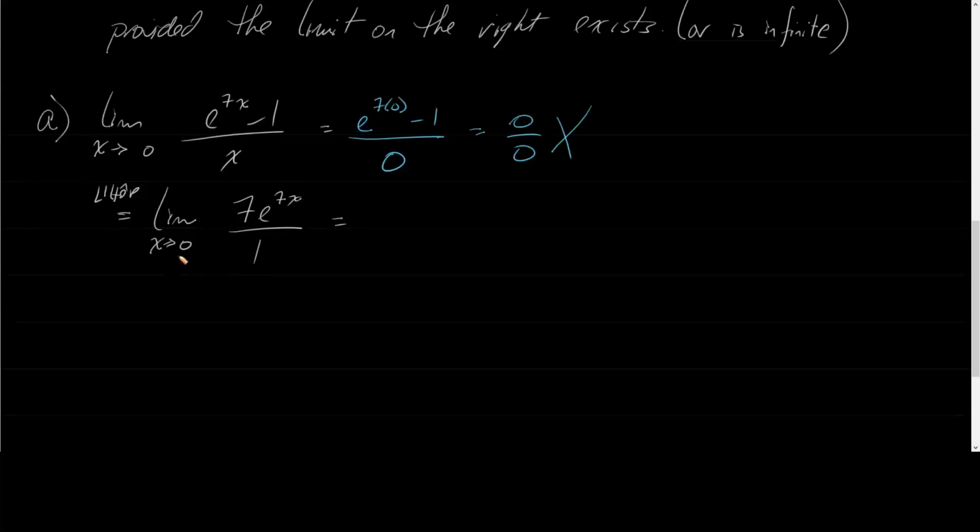And now we take the limit as x goes to 0. 7 times 0 is 0, e to the 0 is 1. So I end up with 7. So it turns out in this case that 0 divided by 0 was 7, essentially. I don't want to say strictly divided by, but that limit itself went to 7.